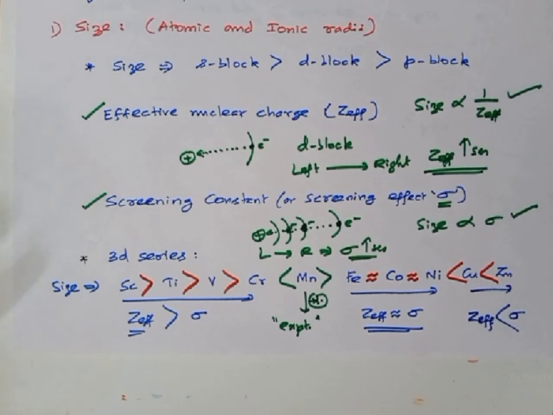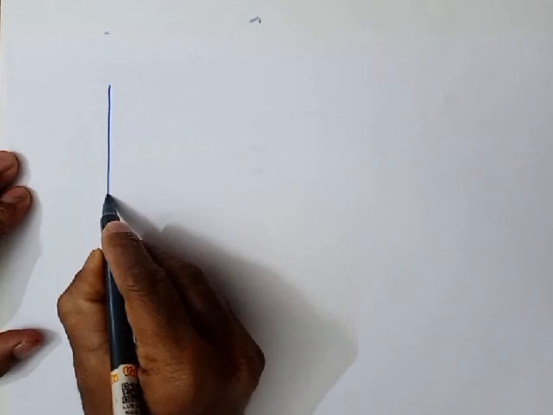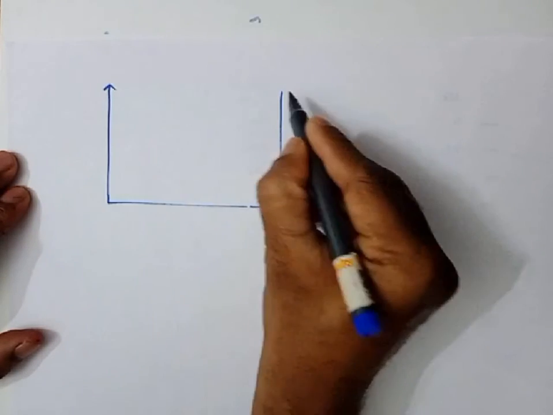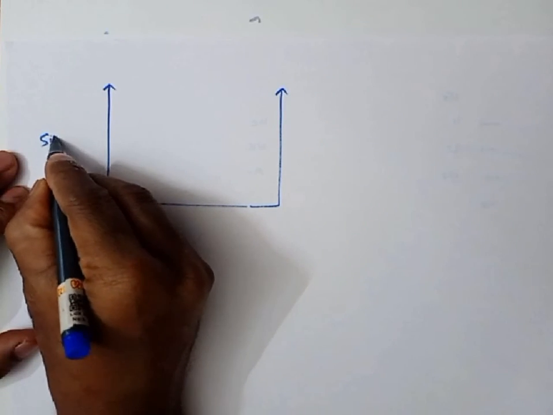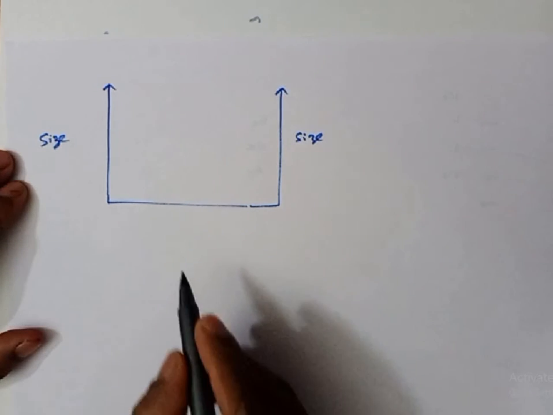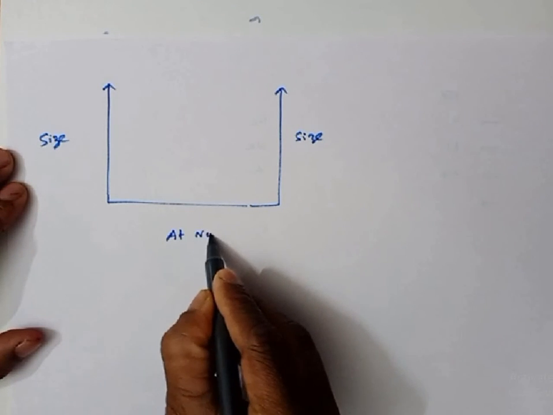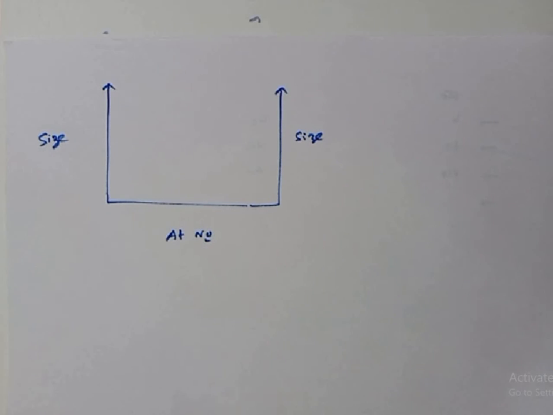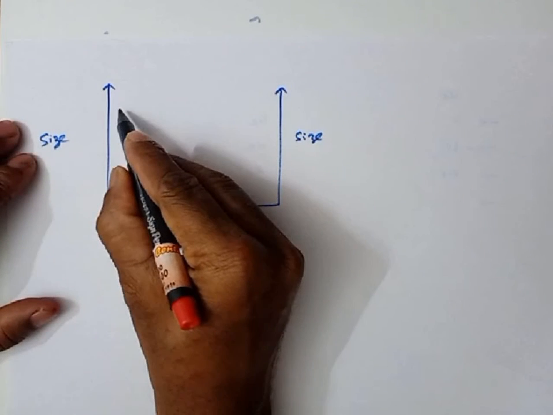Now observe carefully, student. If you plot the atomic radius on the y-axis and atomic number on the x-axis, how does size vary in the case of the 3D series?